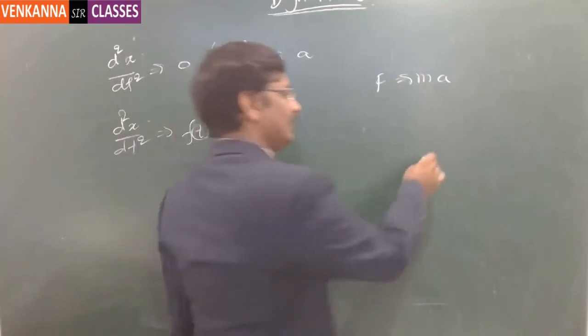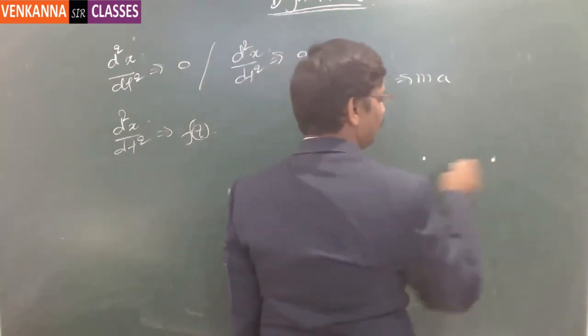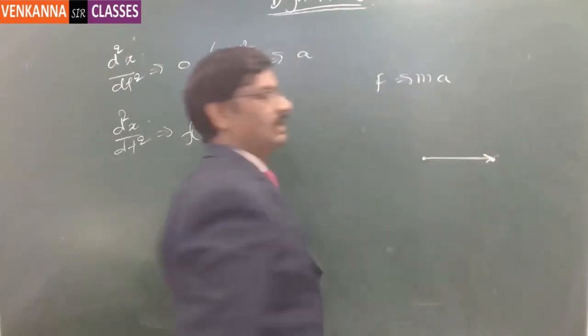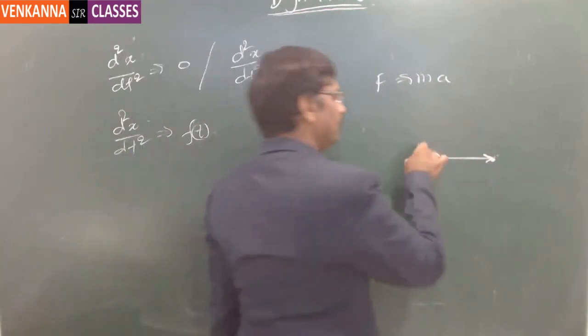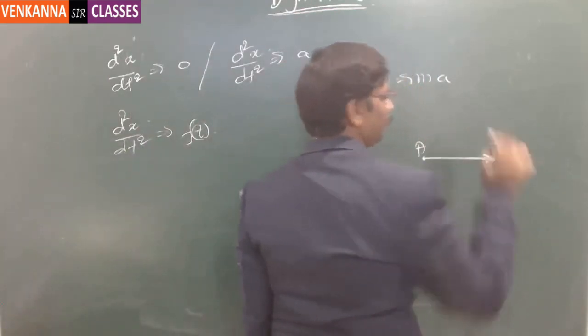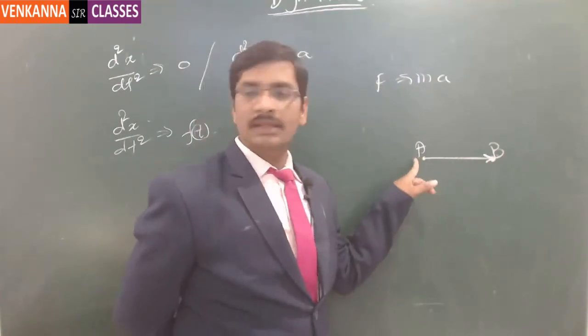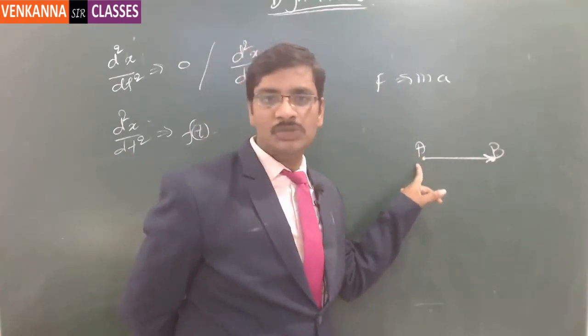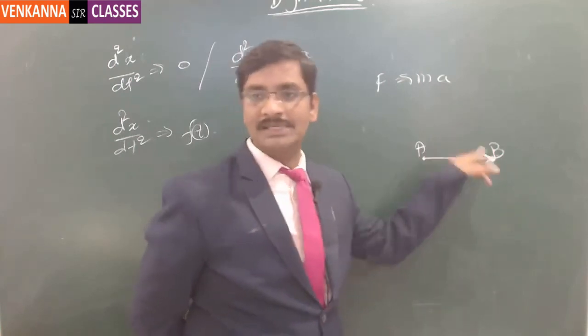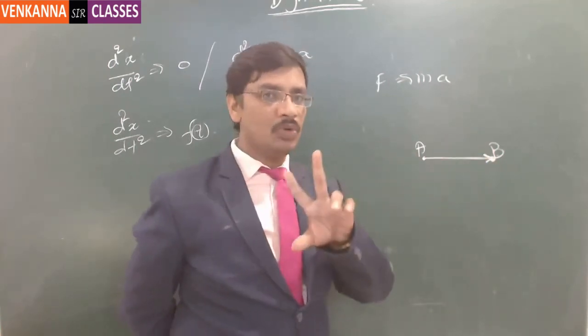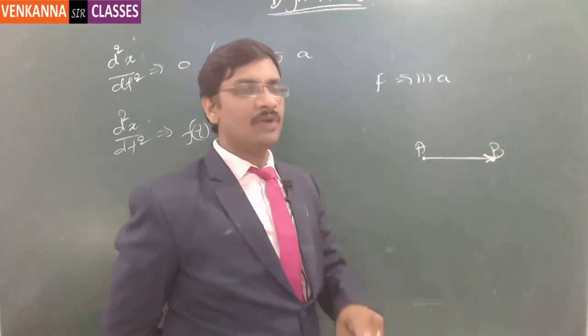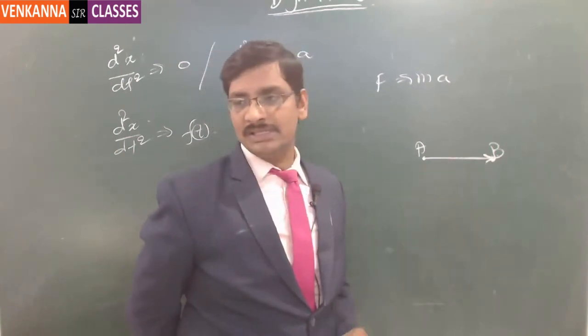Suppose there is a particle moving in a straight line path like this. From point A, it has moved to point B. So we say that the point is displaced from this location to this location. Displaced means we are talking about only the locations. We are not worrying about the way it is displaced.